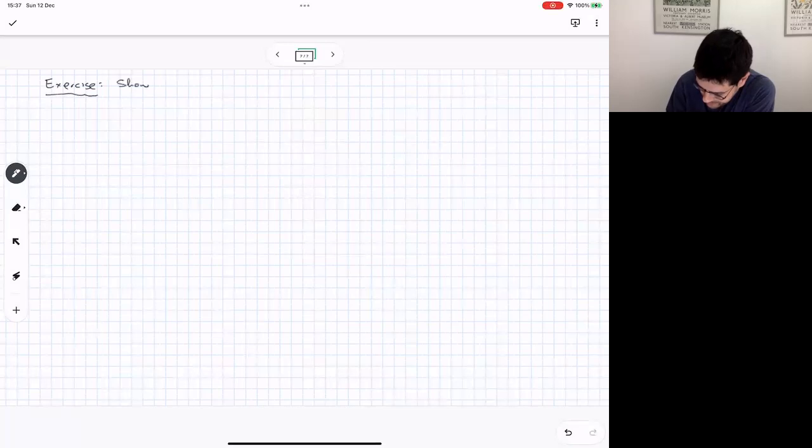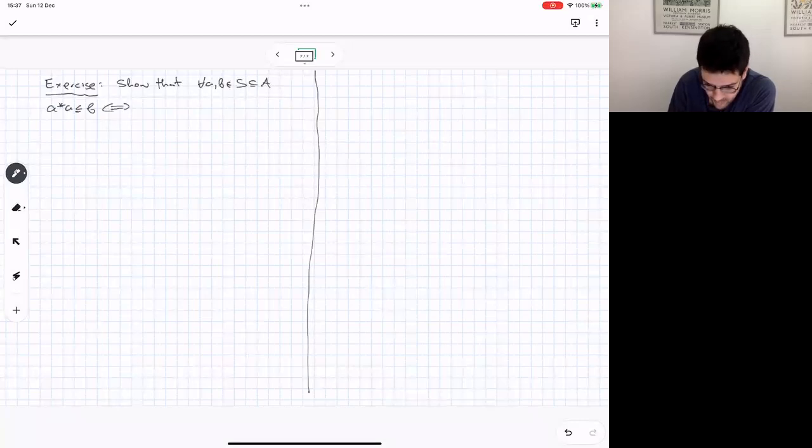Show that for every A, B in S, A star A is less than or equal to B. This inequality is, of course, written in A. If and only if this matrix is positive: 1 A, A star B. Do you see why this is a generalization of the previous lemma?